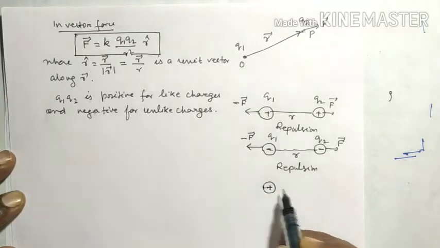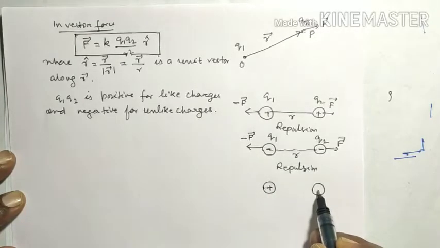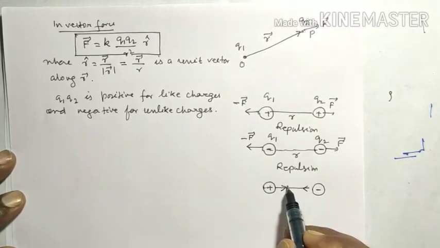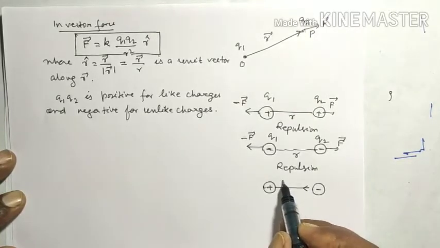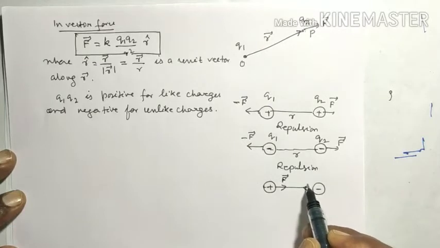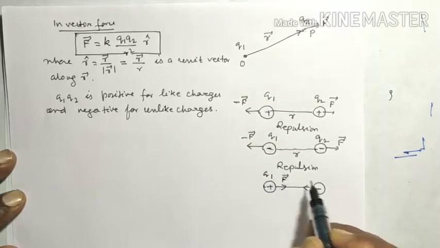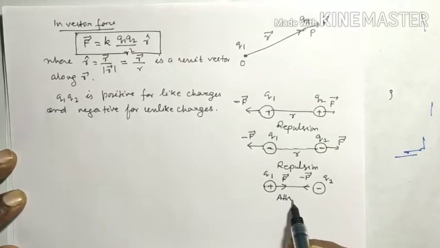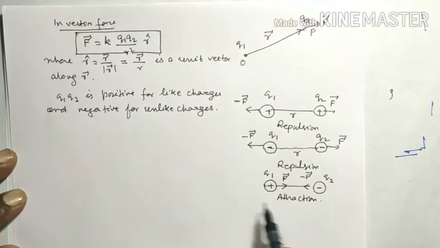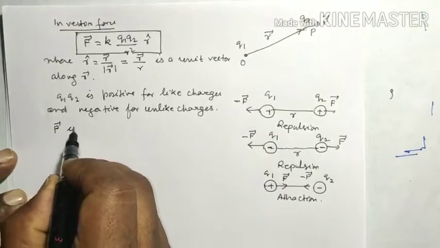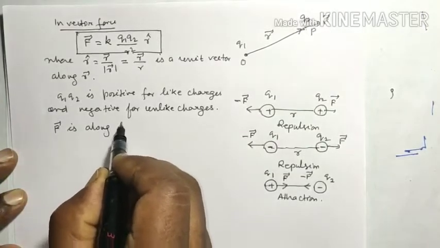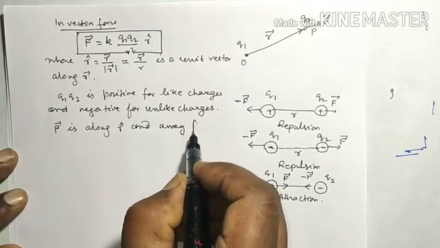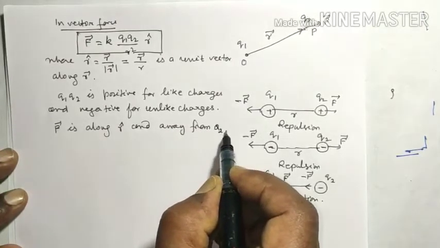And two unlike charges attract each other. That means both forces are along the line joining the two charges. So one is plus F, another is minus F. So this is the case of attraction. So F is along r cap and away from Q2.